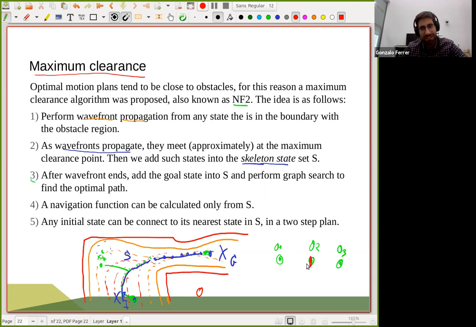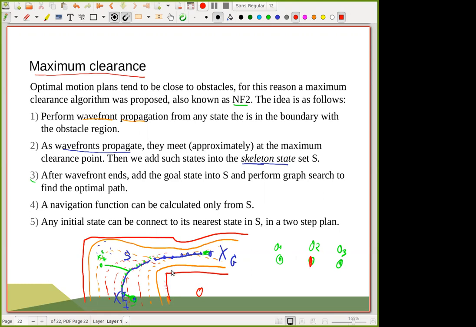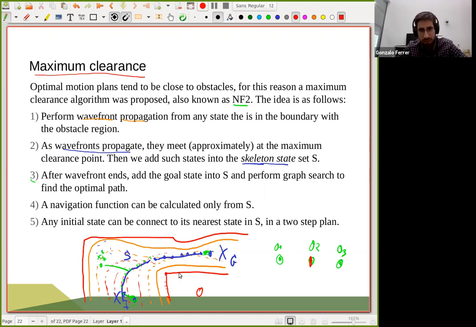So for 2, yes, but this generalizes to any kind of obstacle. As long as you do wavefront propagation, and this is something that I do in discrete maths, right? But which states are we taking here, on the boundary of C obstacle and C free, right? So it has a little more technical details, but no, averaging is not a good idea. You want to do wavefront propagation because this is the only guarantee that this is exactly the midpoint between the closest obstacles, right?